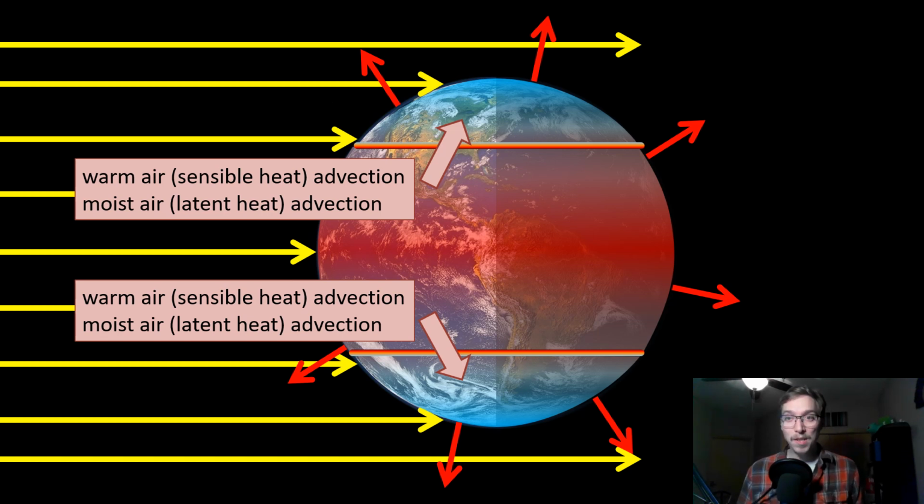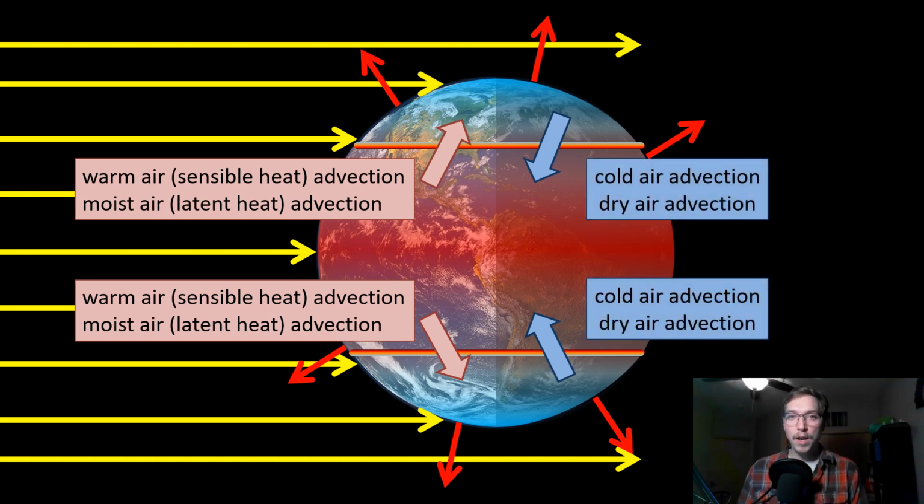We care about this because it sets up these massive global patterns, this exchange of warm to cold and cold to warm. Warm air going from the equator to the poles brings warm air and moist air advection, sensible heat advection and latent heat advection. Likewise, you've got cold air advection and dry air advection of cold air coming down and filling in areas within the equator.